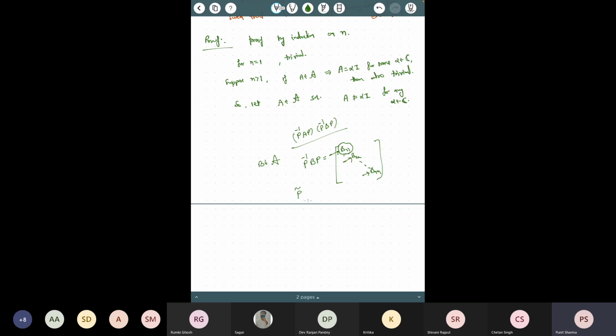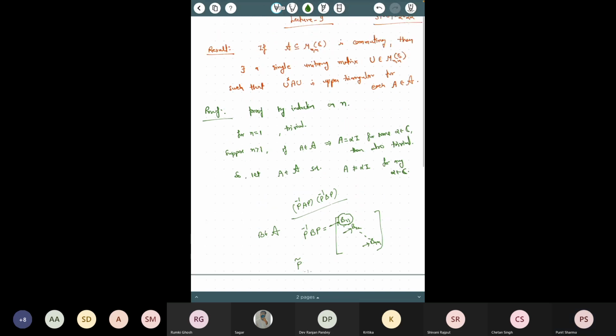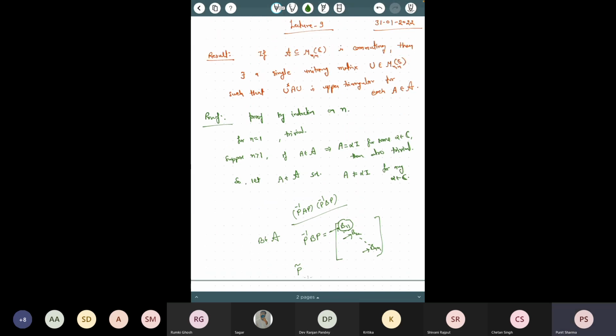In the case of simultaneous triangularization, for this proof, the idea is to follow the same lines. The only thing is that here we don't have the diagonalizability condition. We just have that our matrices are n cross n complex matrices, and this family is commuting.